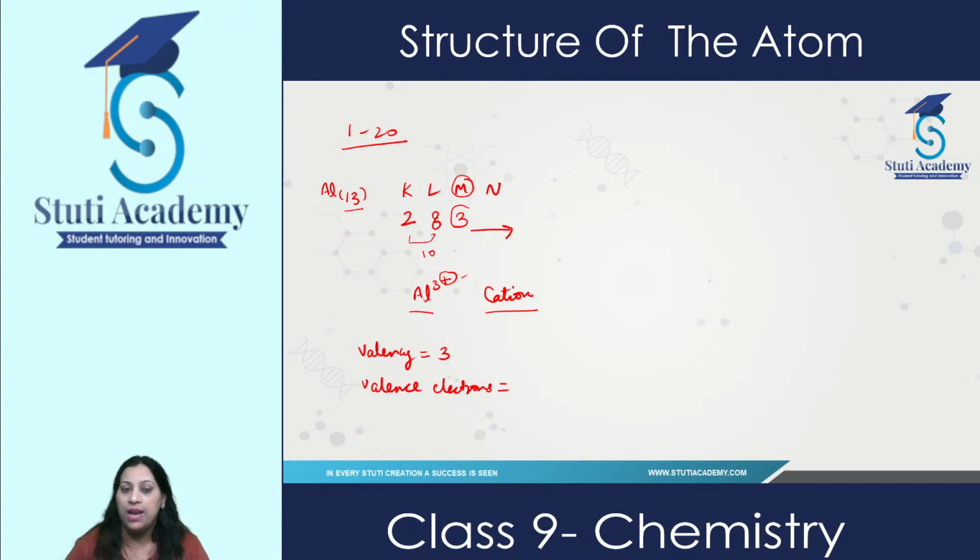So it has 3 electrons in the outermost shell, so its valence electrons are also equal to the valency. It's not necessary that in each case it happens like this. Might be in some cases valence electrons and valency are different. But here it has 3 valence electrons and its valency is also 3. I hope this is clear to you, how to write the electronic configuration.